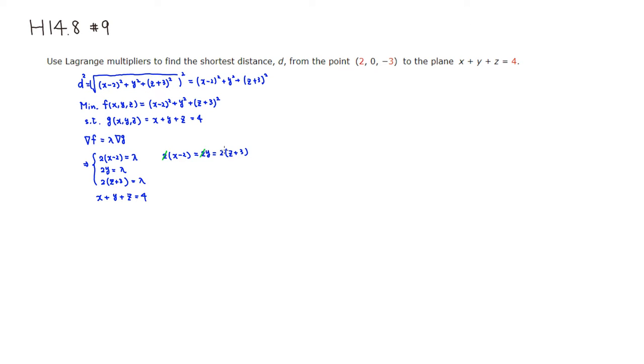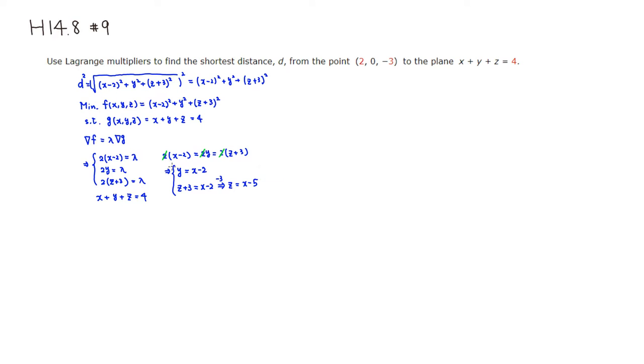So y is equal to x minus 2, and z plus 3 is also x minus 2, so subtracting 3 we get that z is equal to x minus 5.